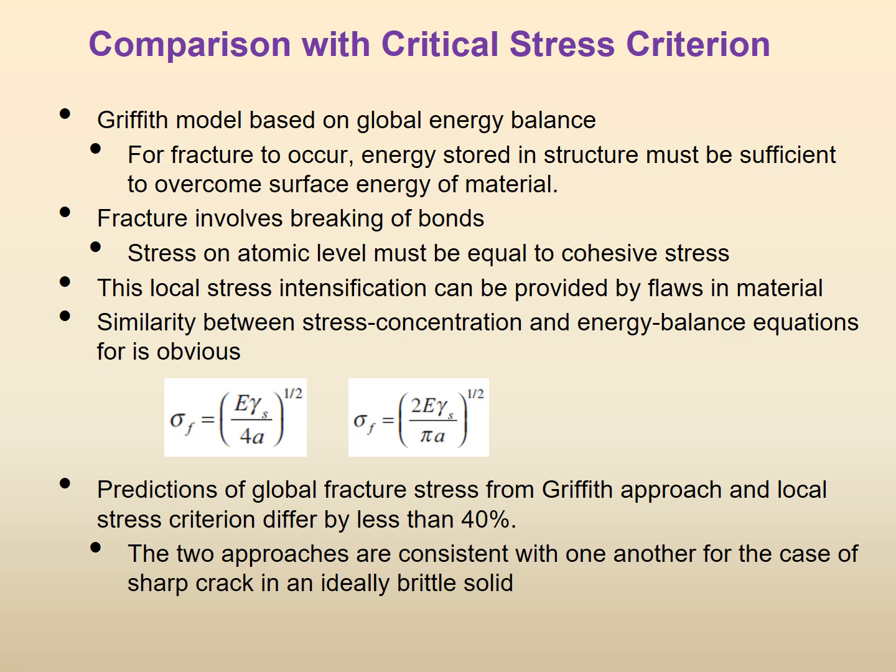There are two totally different approaches, the stress intensity approach and the energy balance approach. Their mathematics and mechanics are different, but in the end the equations have the same material constants, elastic modulus, surface energy, and the crack size, and the numerical difference is less than half.